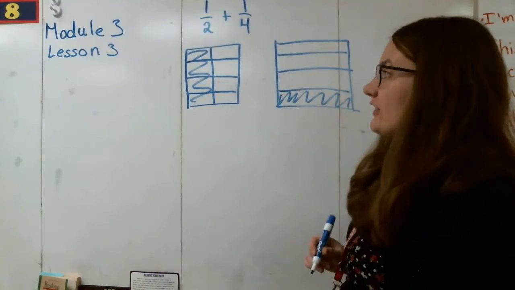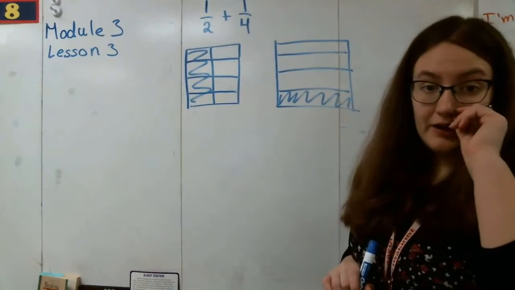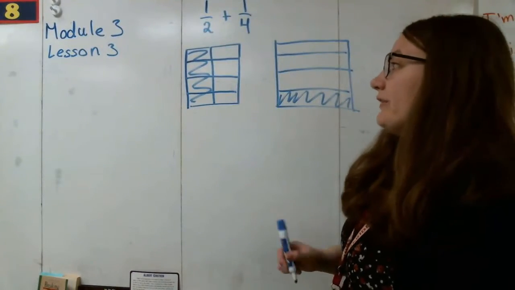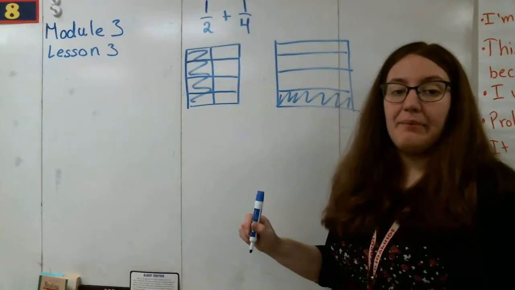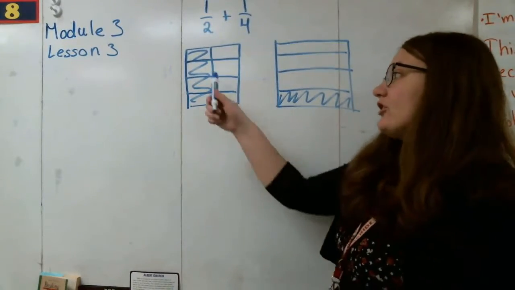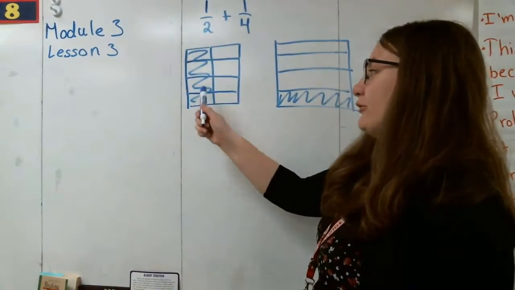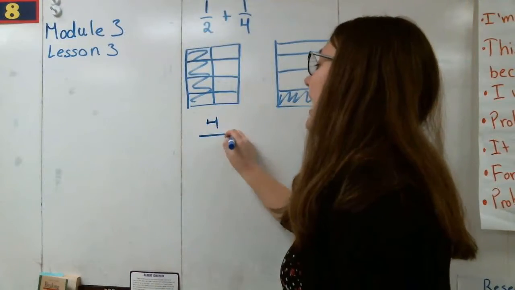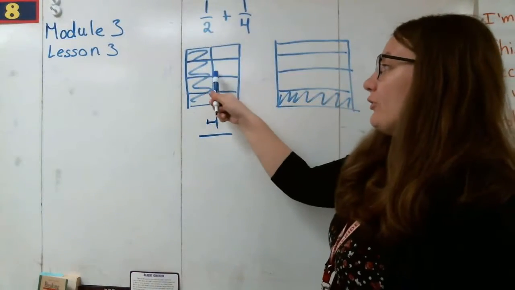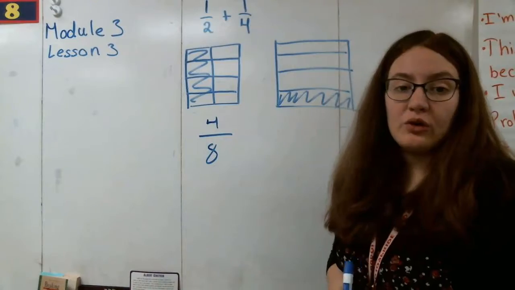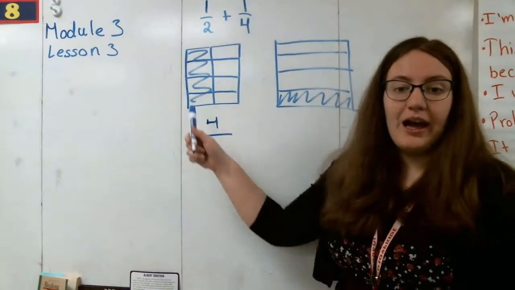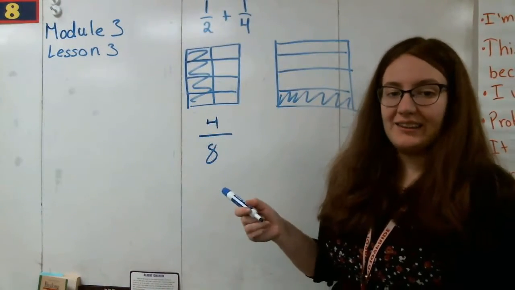What I just created by splitting this model into fourths is an equivalent fraction because I still just have half shaded in. But now I created a new fraction. So I have 1, 2, 3, 4 parts shaded in out of 1, 2, 3, 4, 5, 6, 7, 8 total parts. So this model now equals 4/8.